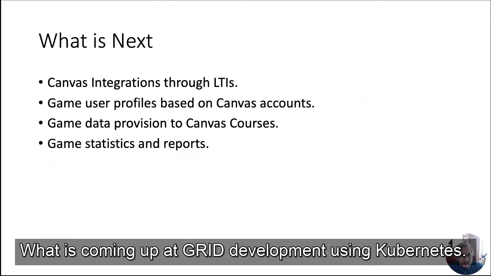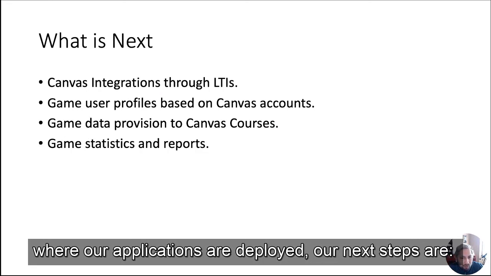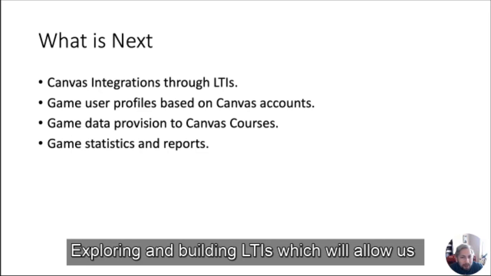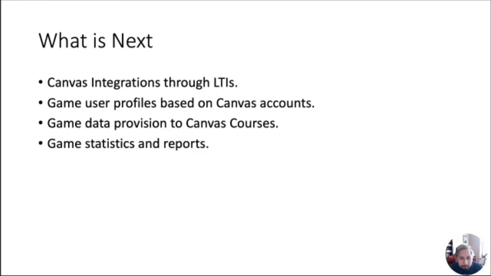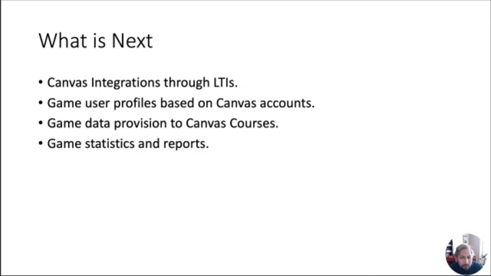What is coming up at Grid development using Kubernetes? Having set and built the Kubernetes infrastructure where our applications are deployed, our next steps are exploring and building LTIs, which will allow us to integrate our game applications with Canvas data. Customize our games with user profiles based on Canvas accounts.